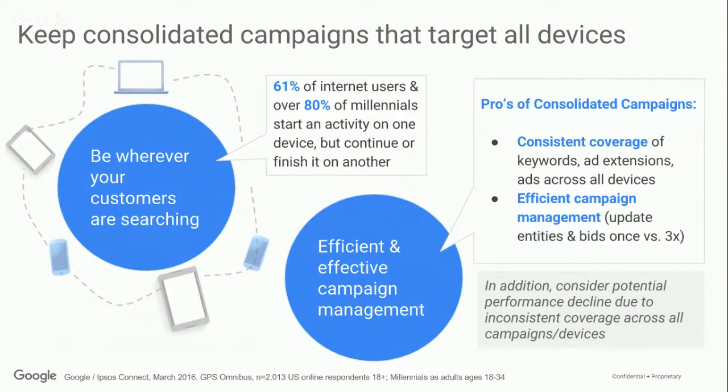With keeping it as consolidated campaigns, first off, you ensure that you have consistent coverage across all keywords, extensions, and ads, meaning you don't need to copy over any changes across the different campaign types as and when you need to make them happen. And this obviously makes campaign management much easier and much more efficient.